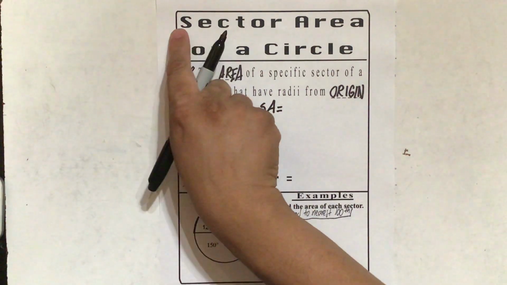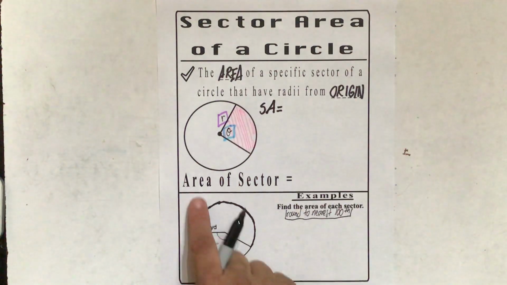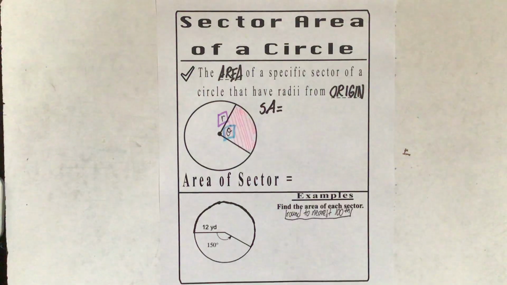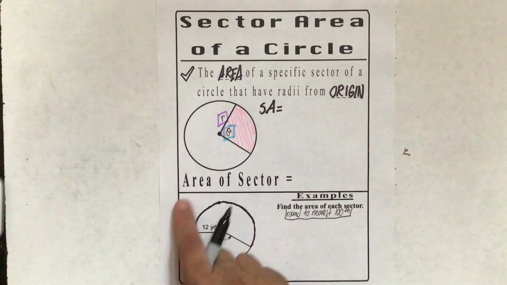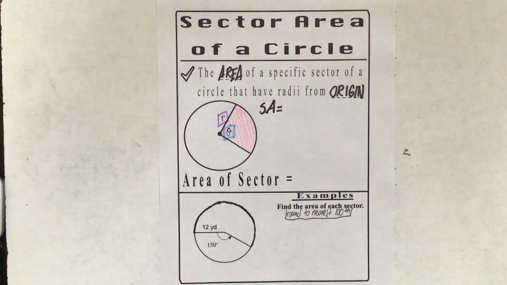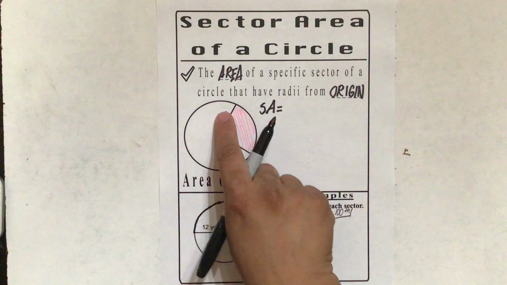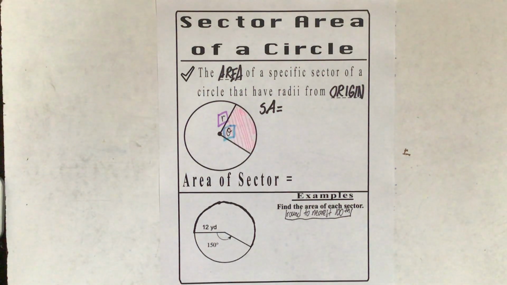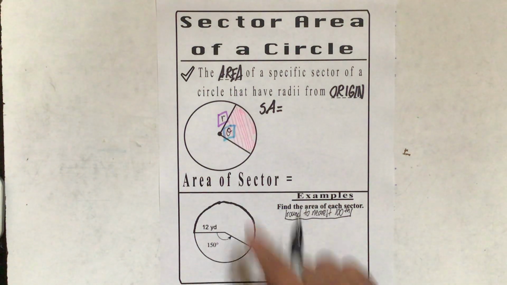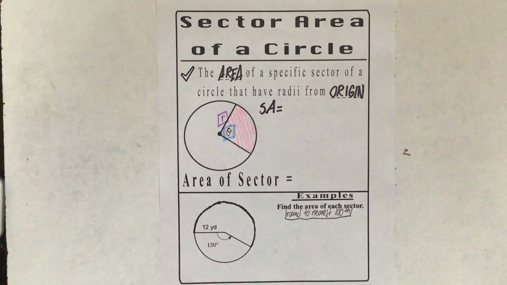SA means sector area, or here it's called area of a sector, sometimes AS, but here I'm using SA. We're going to use the same elements in the formula, just like we did with arc length.